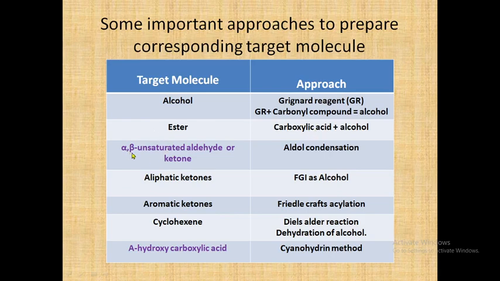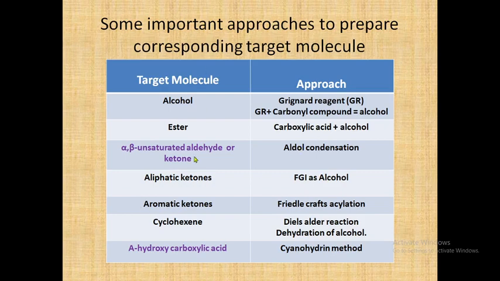If you have to prepare alpha beta unsaturated aldehydes or ketones, aldol condensation is the best option. So you can easily get that. You can apply either a simple self aldol condensation, or a crossed aldol condensation if you have different fragments in the alpha beta unsaturated aldehyde or ketone.